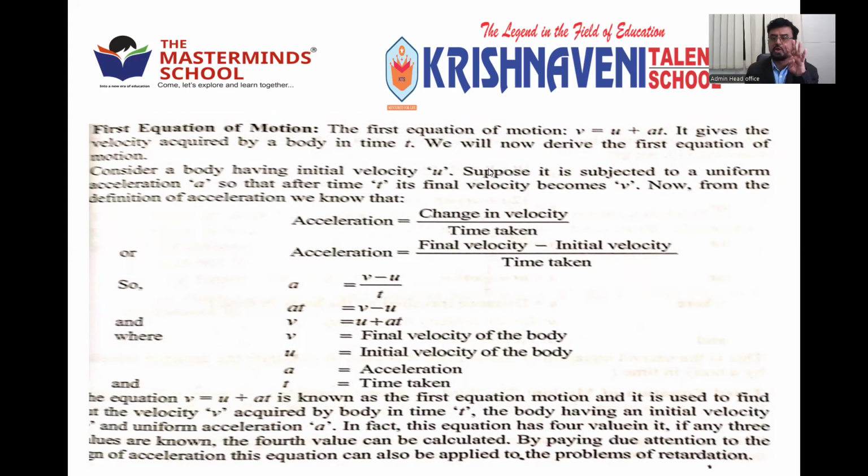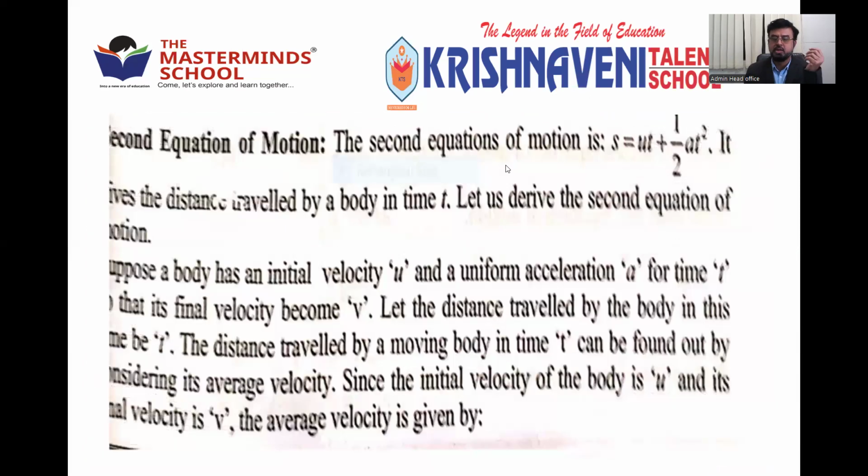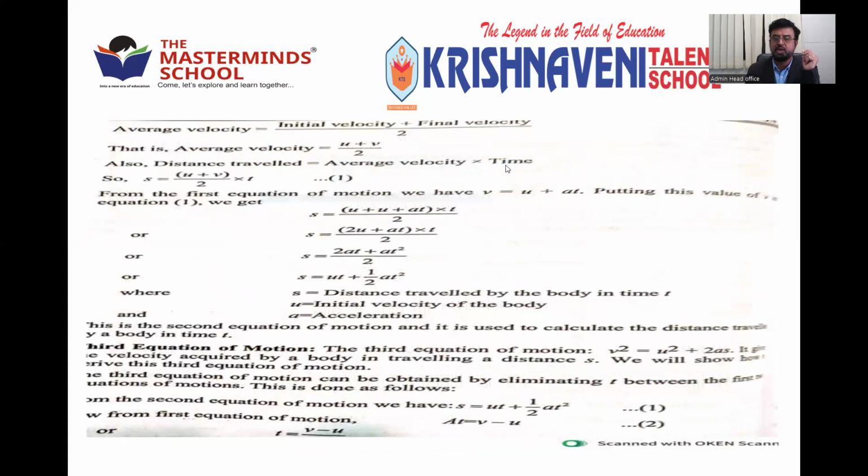So we have seen there are 4 equations of motion, which relate distance, displacement, speed, velocity, acceleration, retardation, and time. Equation number 1: V is equal to U plus AT. Equation number 2: S is equal to UT plus half AT square.